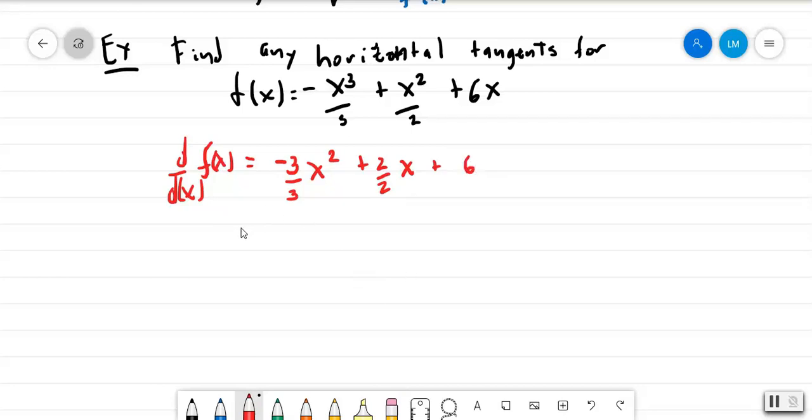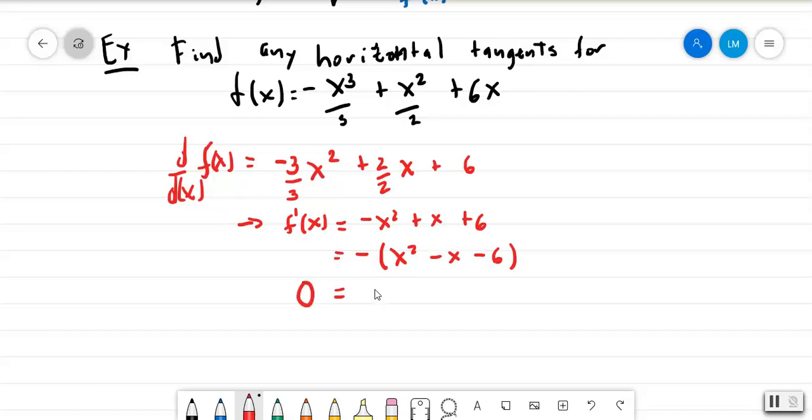That means that the derivative of this equation is equal to negative x squared plus x plus 6. But let's just rewrite this again: x squared minus x minus 6. If we go ahead and try to find where this function is equal to 0, then we can figure out where those horizontal tangents are.